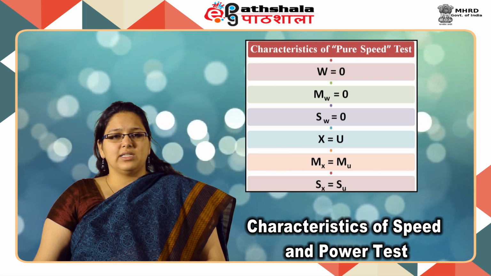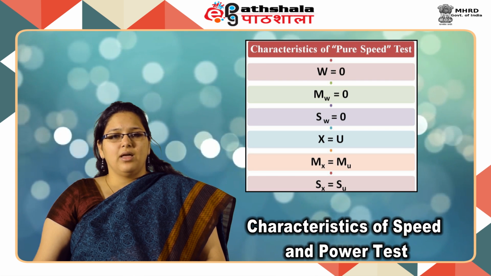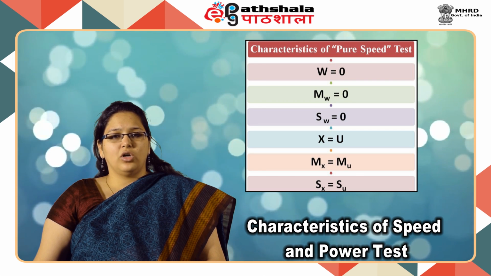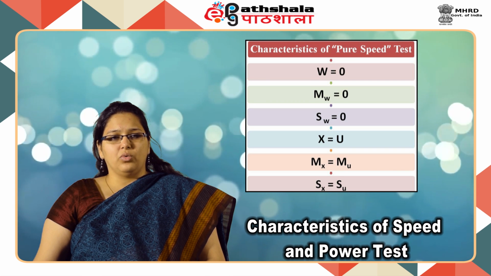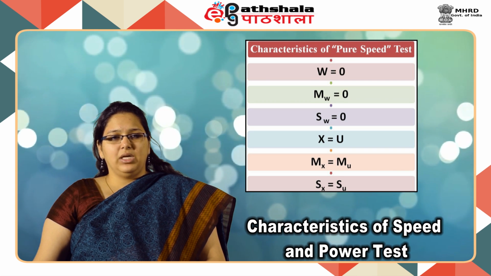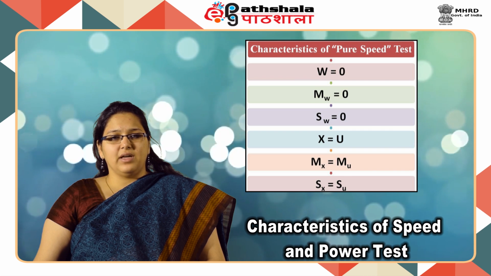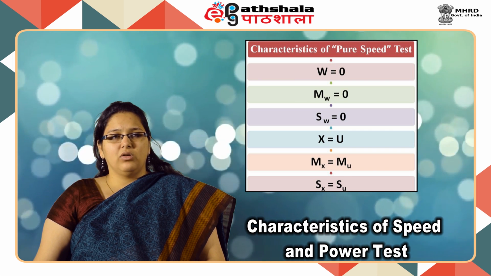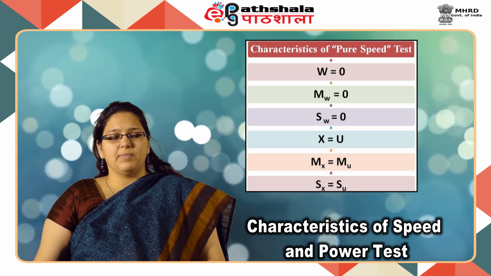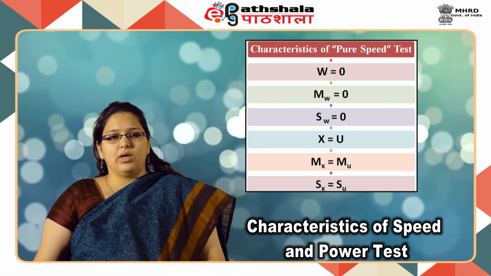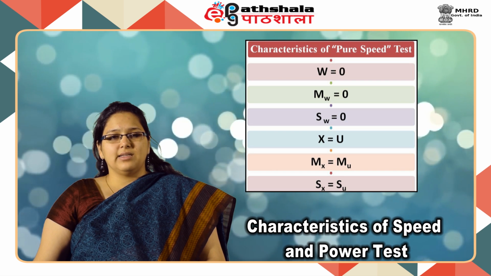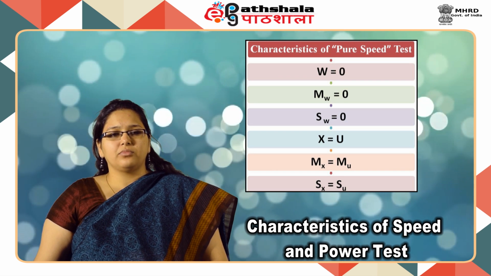The subject's entire score is determined by the number of items not attempted, so X is equal to U. Hence, the mean of X and variance of X equals the mean of U and variance of U respectively. Mathematically, Mx is equal to Mu and Sx is equal to Su.